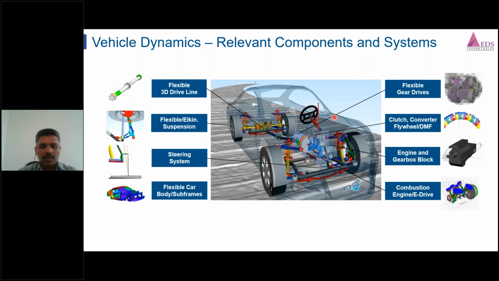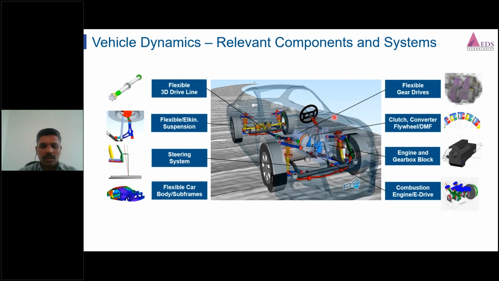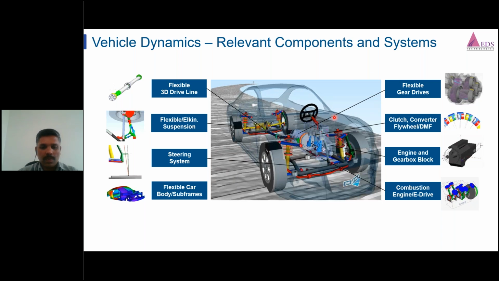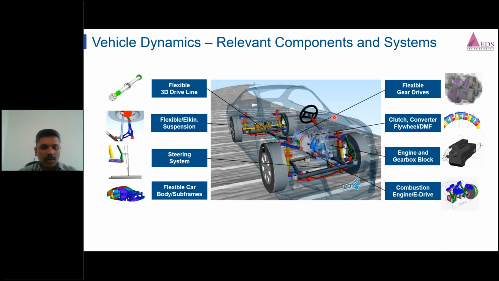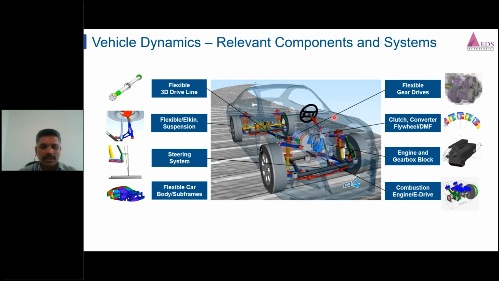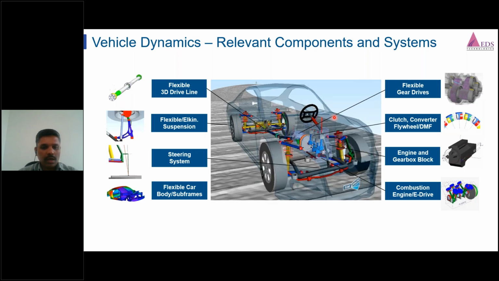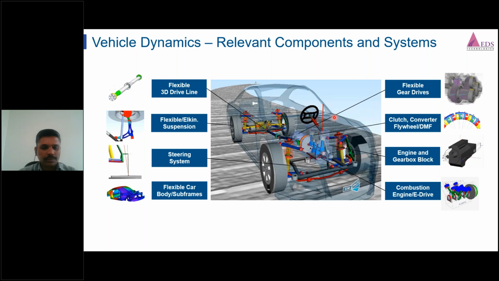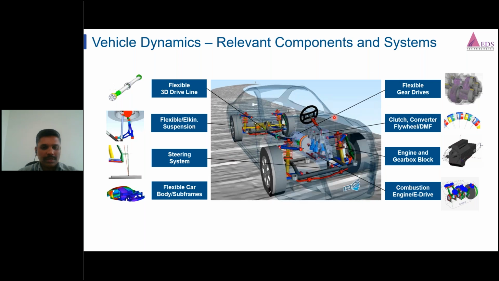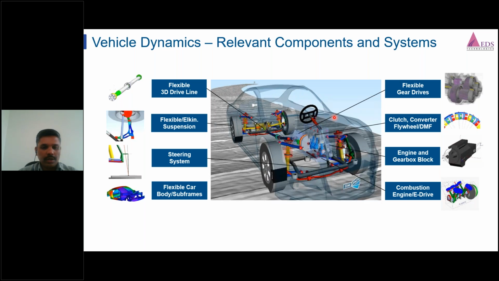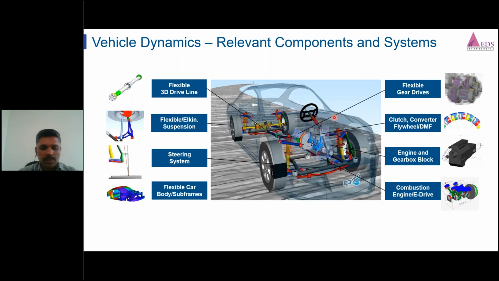It includes flexible gear drive and flexible drive lines, of course flexible elastic kinematic suspension, then the steering system, and last but not least, flexible car body or subframes. So this means it's a single component and detailed complete vehicle mechatronic system dynamic simulation.